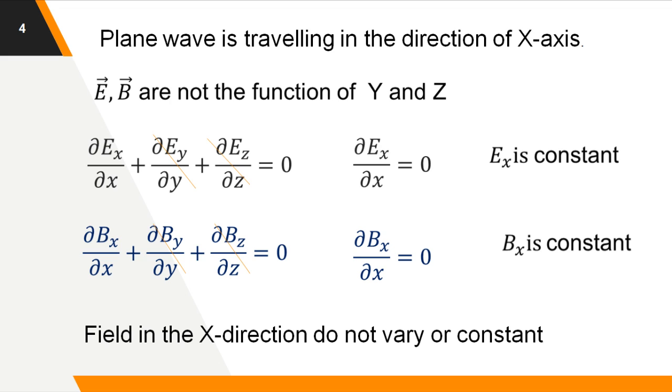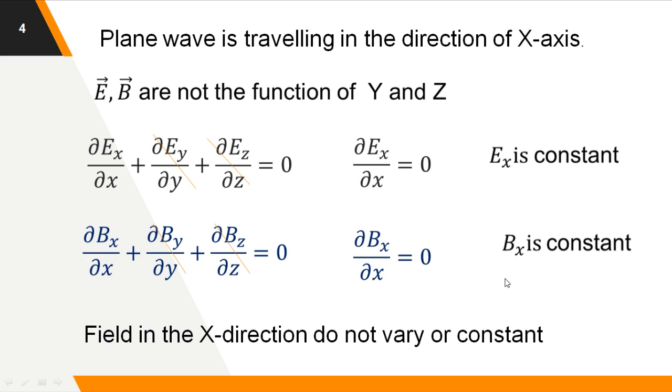Perpendicular to the direction of propagation, which here is the x-axis, means y and z. Okay, so that is the first step of confirming that the electromagnetic wave is transverse in nature. Here, what we said is that the field in the x direction does not vary or remains constant.